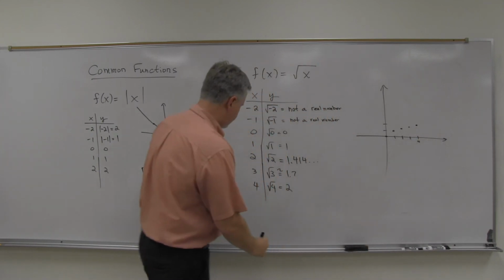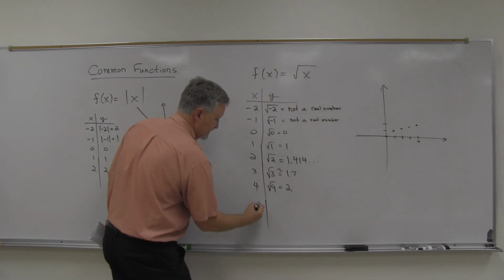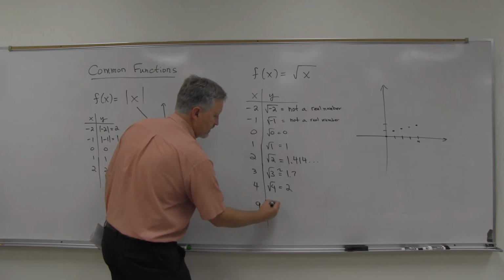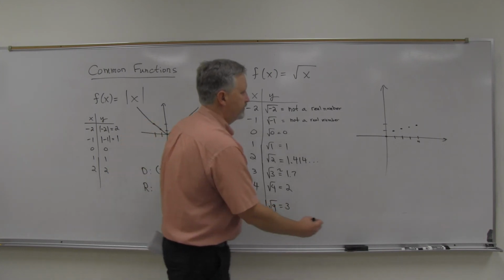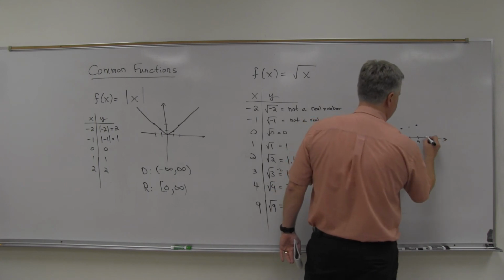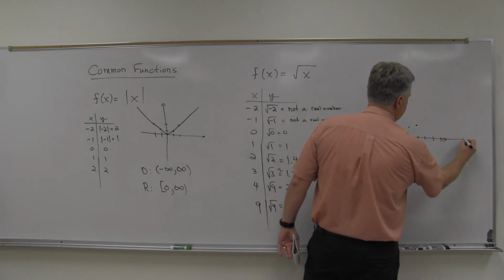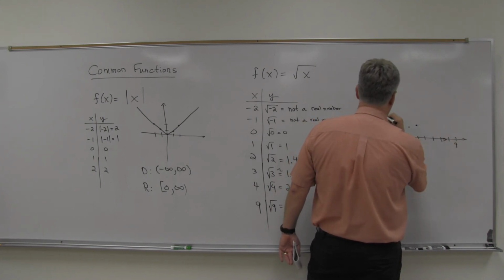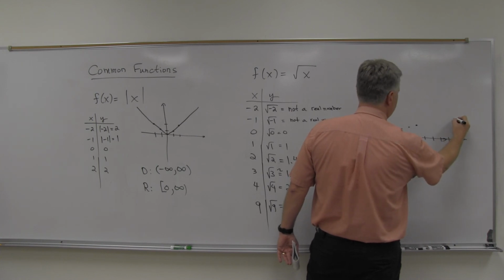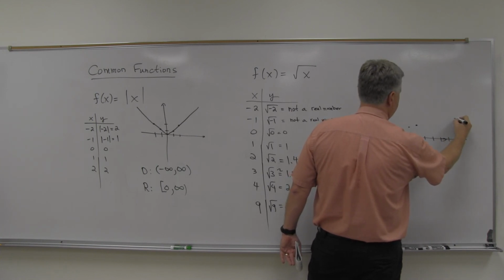Then, just to see that it doesn't keep going up, if we jump to 9, the square root of 9 is 3. That's where we get our 3. But it is going up, isn't it? It's not flattening out.